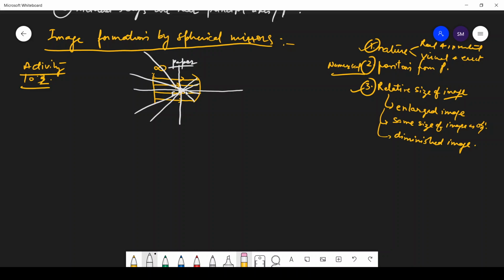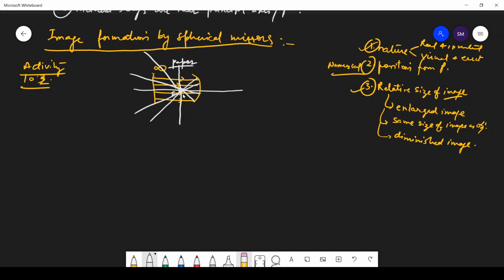So move the sheet of paper back and forth gradually, very slowly, until you find on the paper sheet a bright sharp spot of light. That is the image of the sun.